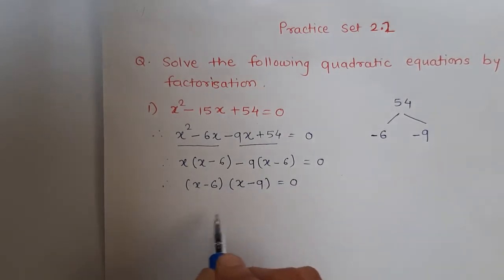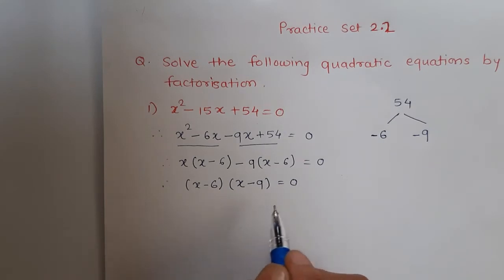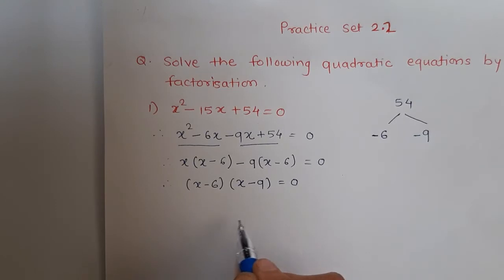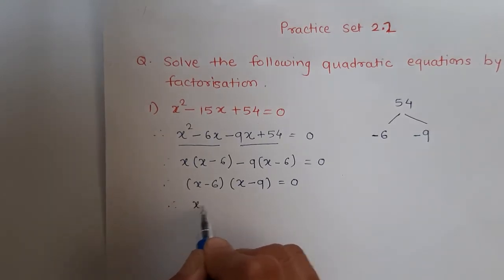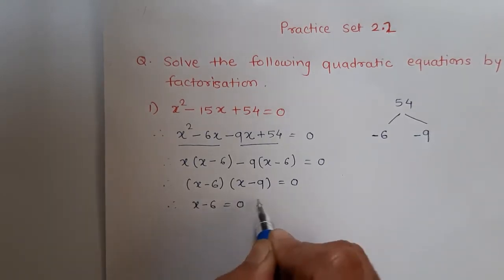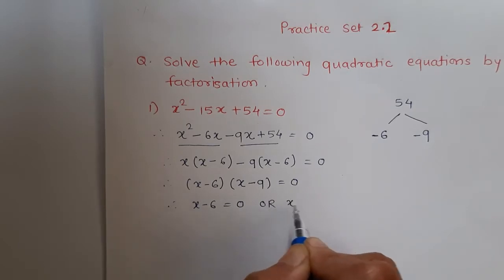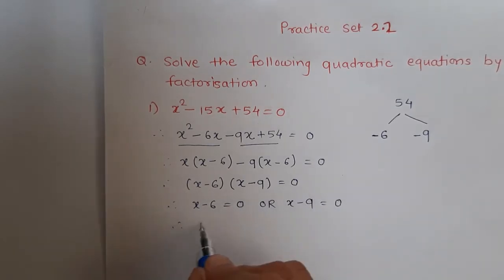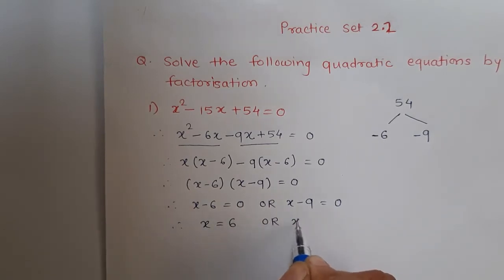Now these two linear factors we have to equate with 0. So what we get? x minus 6 equals 0 or x minus 9 equals 0. Therefore x equals 6 or x equals 9.